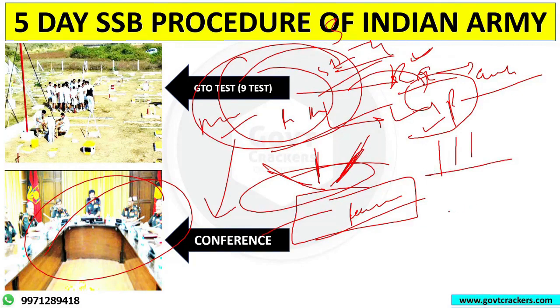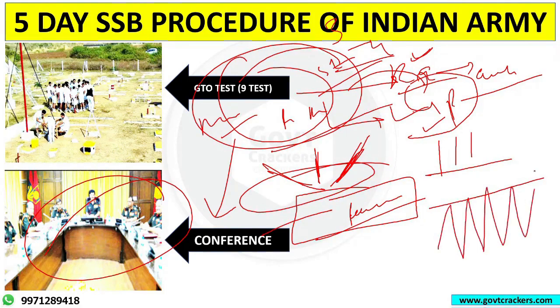That is, across all the problems, your graph should be a straight line rather than an up-down graph. An up-down graph shows inconsistency, which is not required here. The best situation is if one can attain a constant graph, meaning whatever problem you are given, whether it is an easy problem or a difficult problem, you are always consistent throughout your performance. Okay, so this is the target we have to carry, and we will automatically be selected.